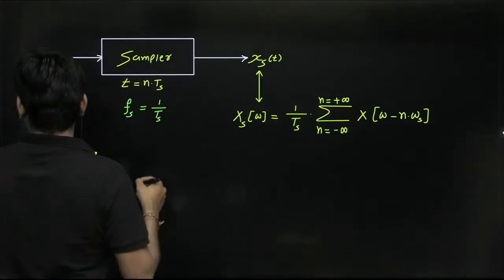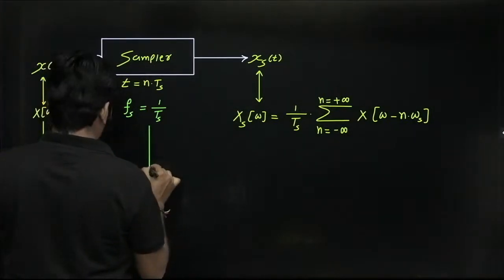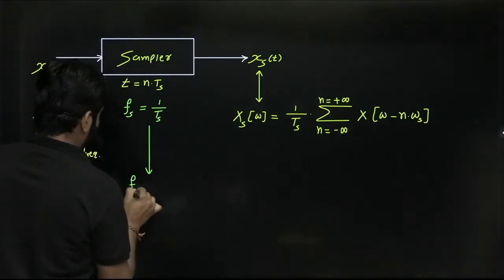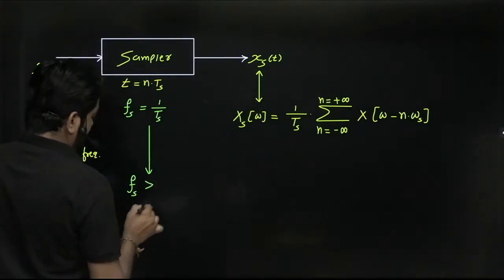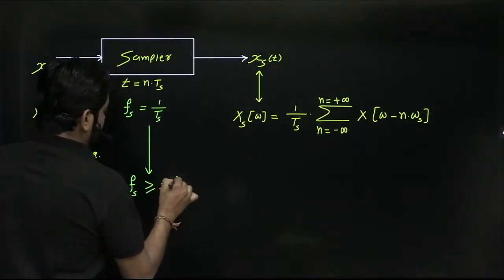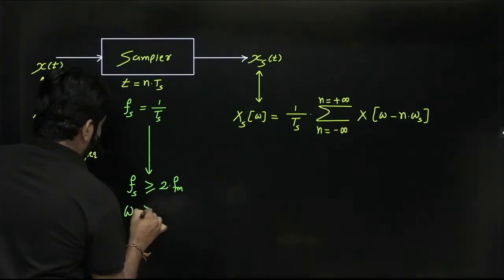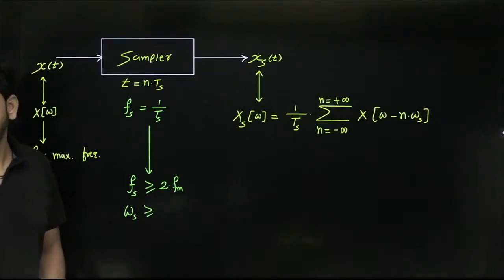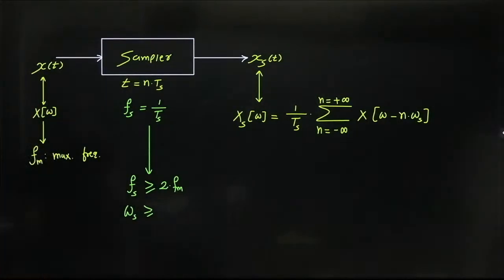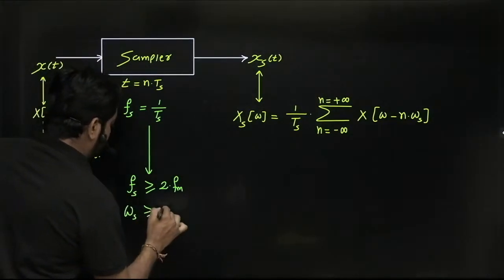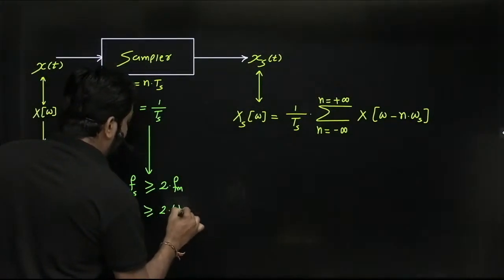Then what is the Nyquist sampling rate here? According to the sampling theorem, the sampling frequency should be at least twice fm in hertz, and you can also write it in radian per second: omega s greater than or equal to twice omega m.